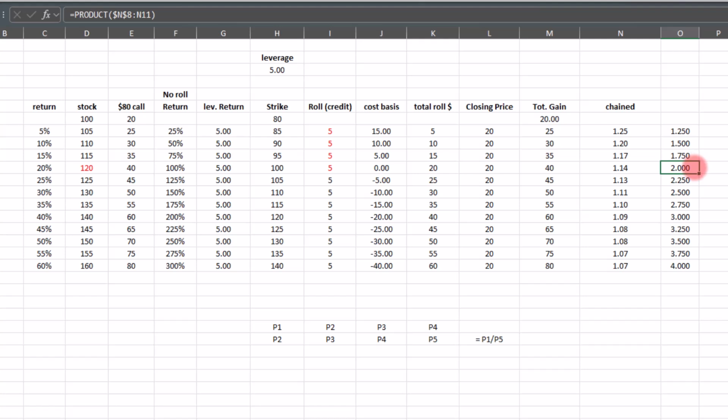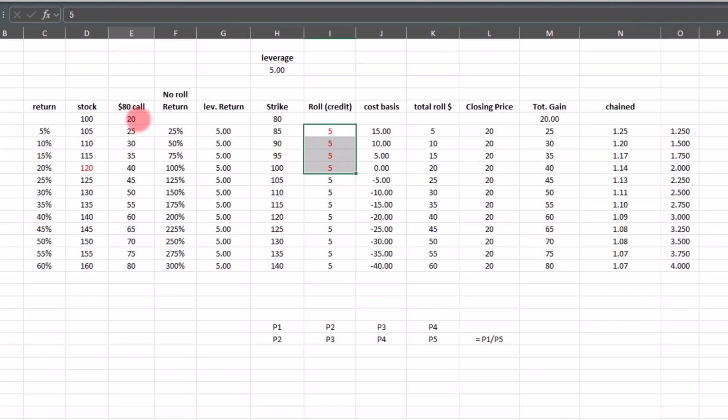So what's the moral of all of this? Whenever you're looking at your rolls, instead of saying, let's reduce our cost basis, again, that's okay mentally to help you figure out when you've crossed that zero line, when you've at least recovered all of your initial principal, that's fine. But when you're calculating your returns, you don't want to do that. Instead, just treat these as, let's say, a dividend from the stock.